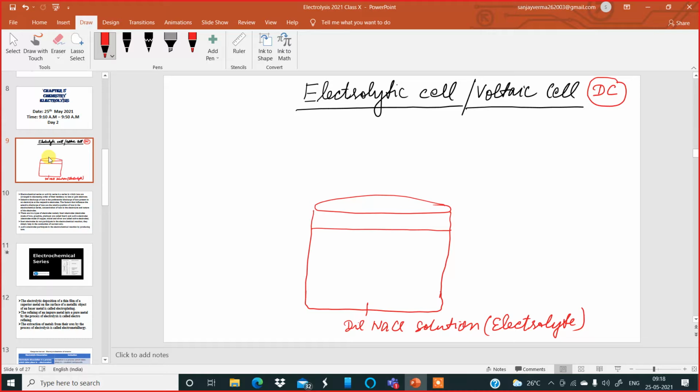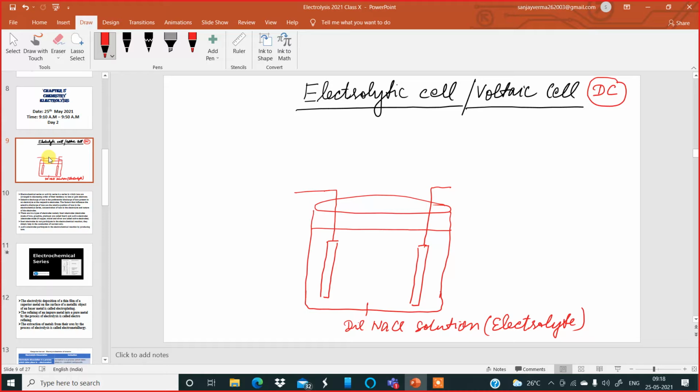Now, in this electrolyte, we put two conducting plates like this. We just immerse them properly in the solution. These plates are conducting. They can be made of graphite or iron. It should be conducting.